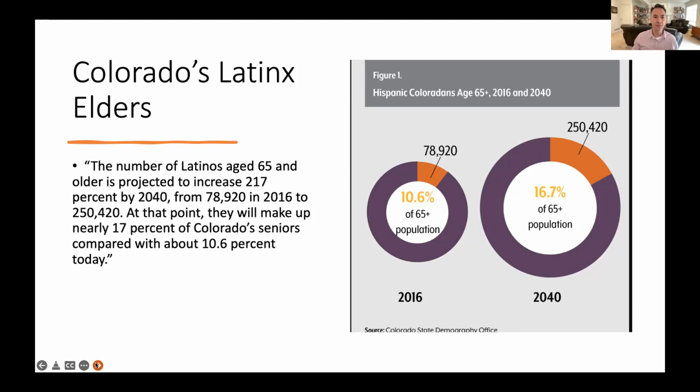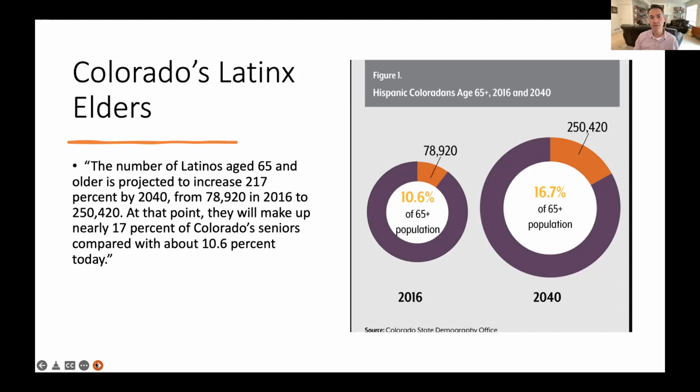So here's the thing. Not only is there a graying of America, a graying tidal wave across different demographics, but in the Latinx population, age 65 and older is projected to increase 217% by 2040. So from 78,000 to 250,000.